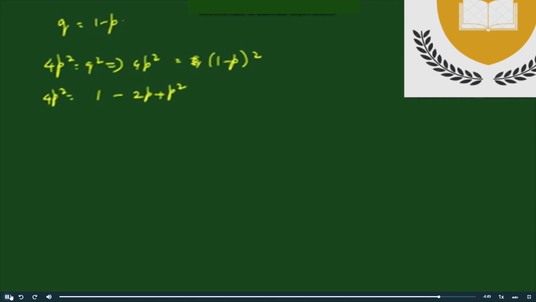Now we know that q is equal to 1 minus p. So 4p square is equal to q square, which we can rewrite as 4p square equal to (1 minus p) the whole square, which is a square minus 2ab plus b square. So 4p square equals 1 minus 2p plus p square, giving 3p square plus 2p minus 1 equals 0.